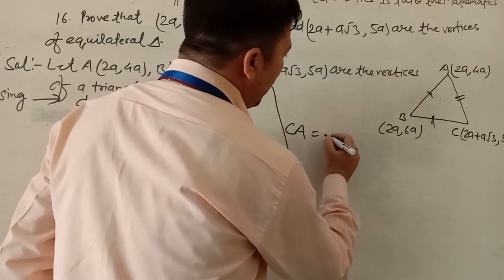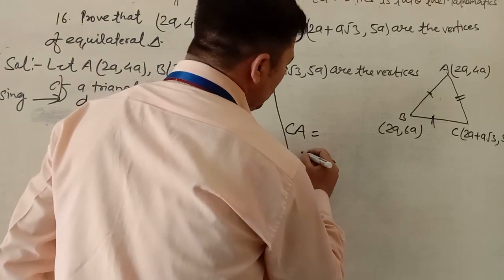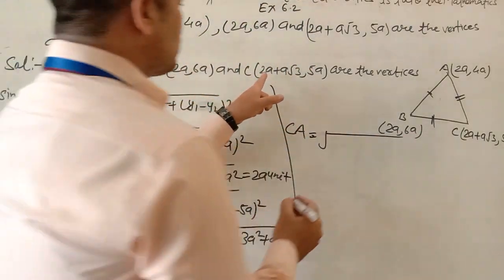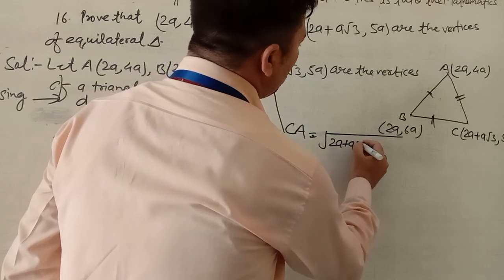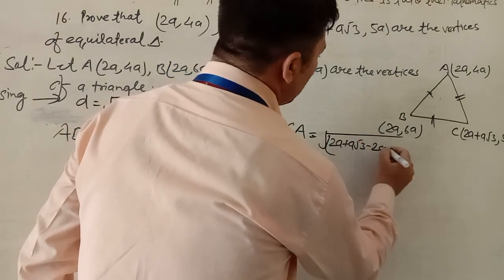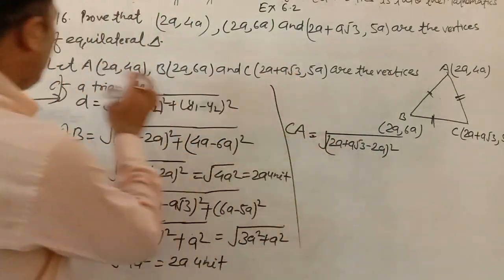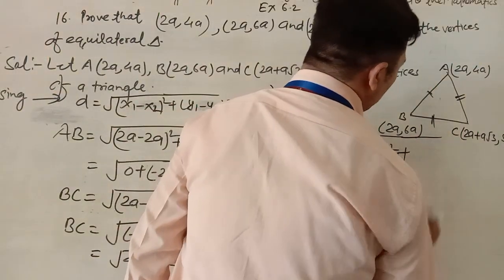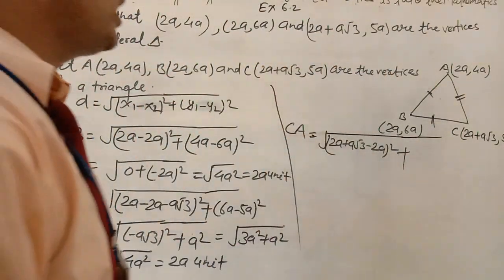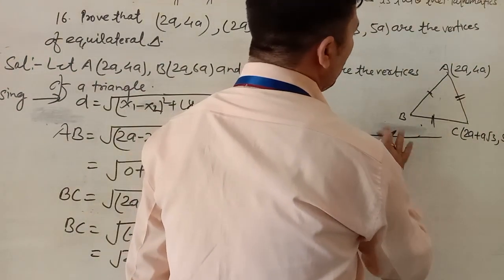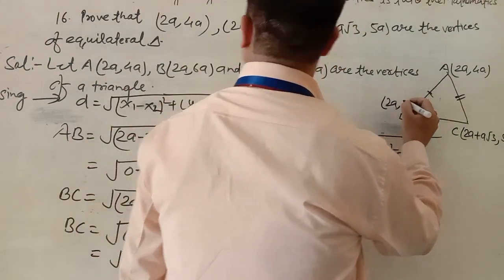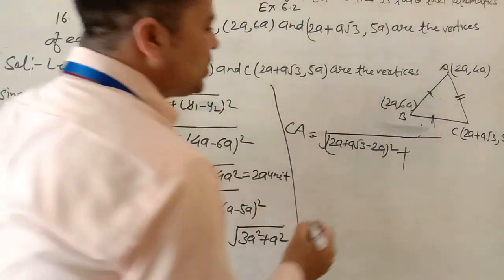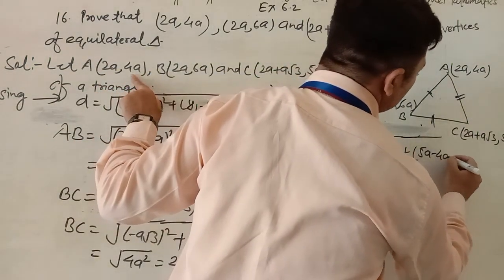Again using the distance formula, CA is equal to the square root of x1, which is 2a plus a√3, minus x2, which is 2a, whole square, plus y1 minus y2 whole square. y1 means 5a minus 4a whole square.